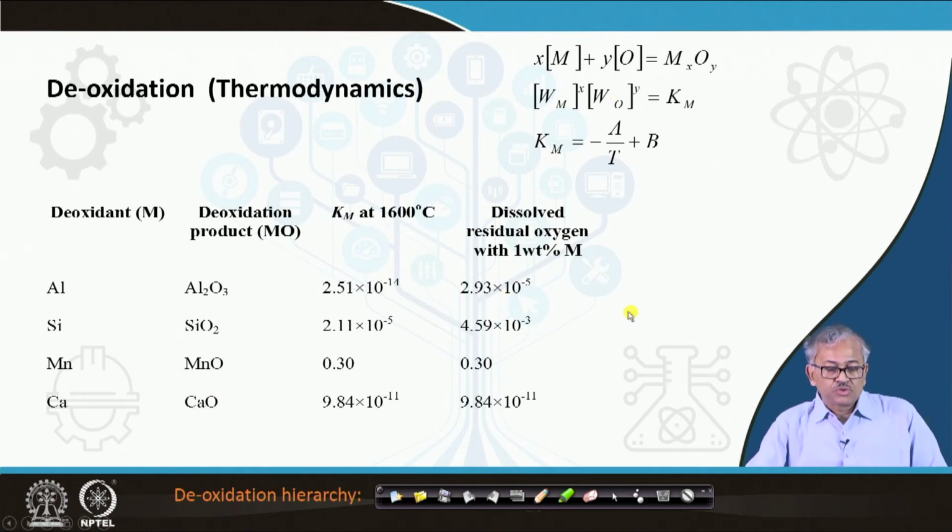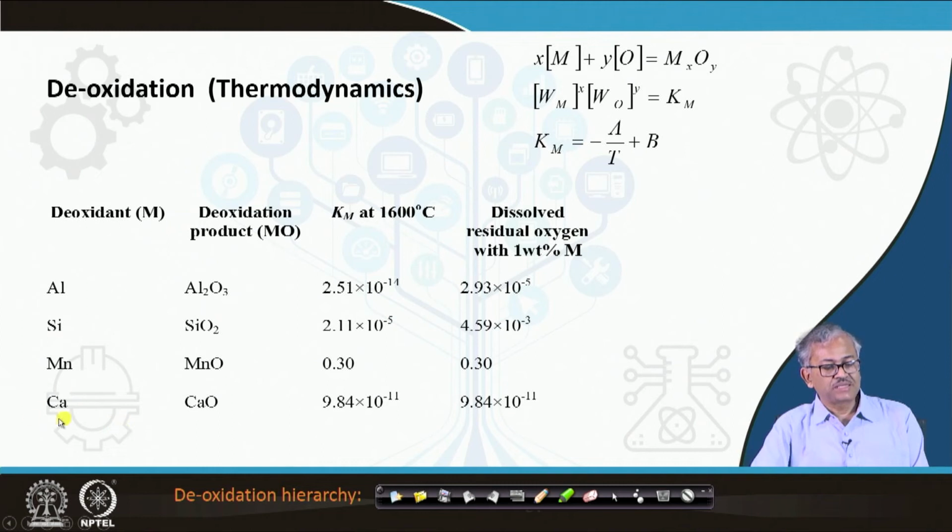What does it mean if you use aluminum as a deoxidant? In that case, with 1 weight % of aluminum in the bath, the dissolved oxygen that will be in equilibrium is 2.93 × 10⁻⁵ at 1600 degrees centigrade.